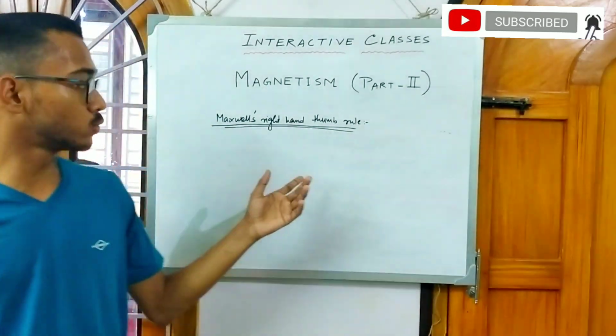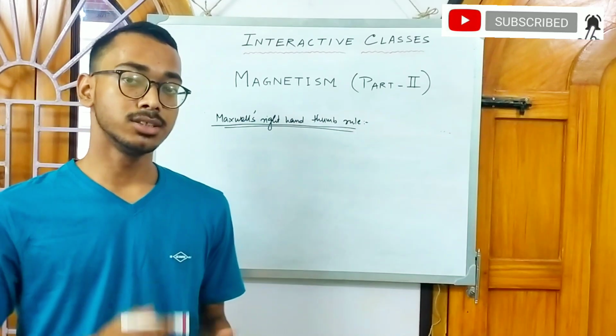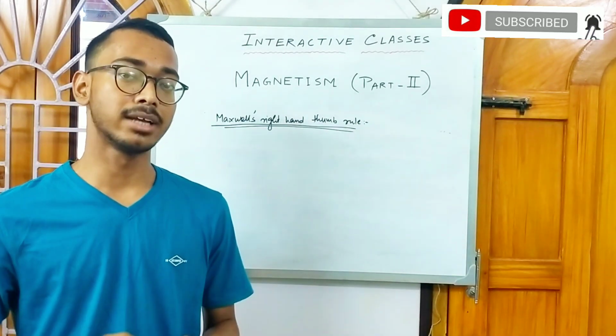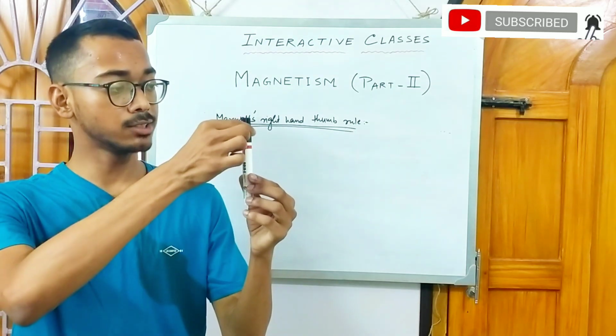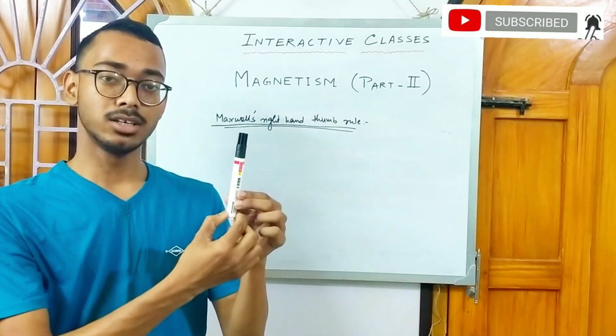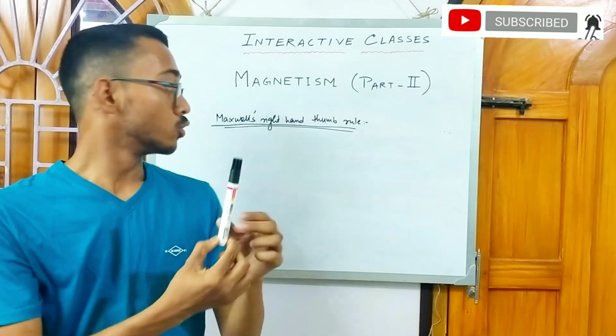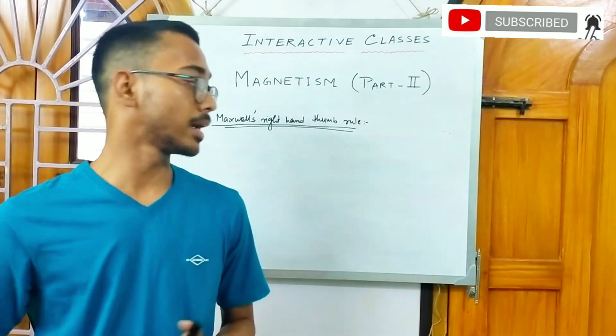What is the importance of Maxwell's right hand thumb rule? We know magnetic field has a direction and also magnitude. So if this is a conductor and current I is flowing through it, it generates a magnetic field around it. Maxwell's right hand thumb rule helps us to determine the direction of the magnetic field.